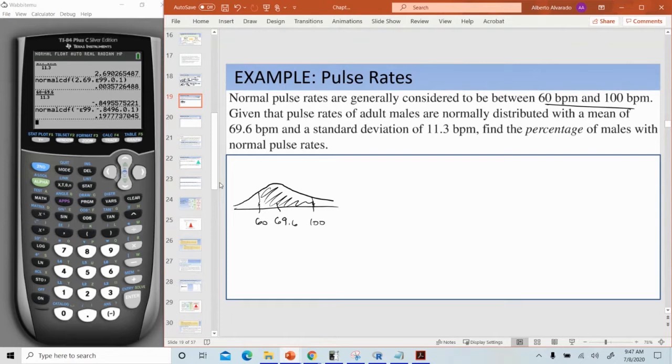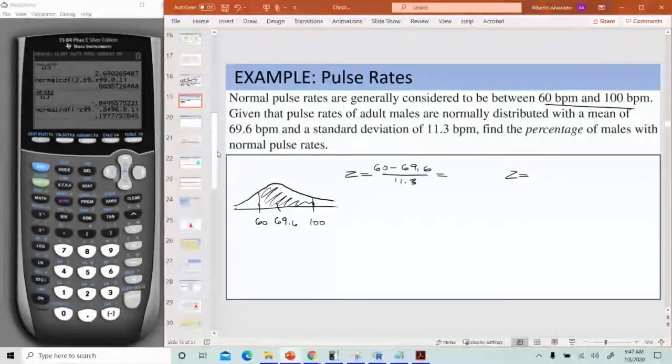This time we're going to have to find two z-scores. 60 minus 69.6 divided by the standard deviation 11.3, and also 100 minus 69.6 divided by 11.3.